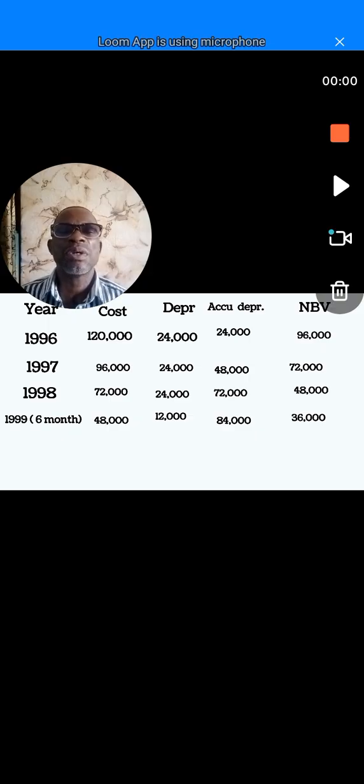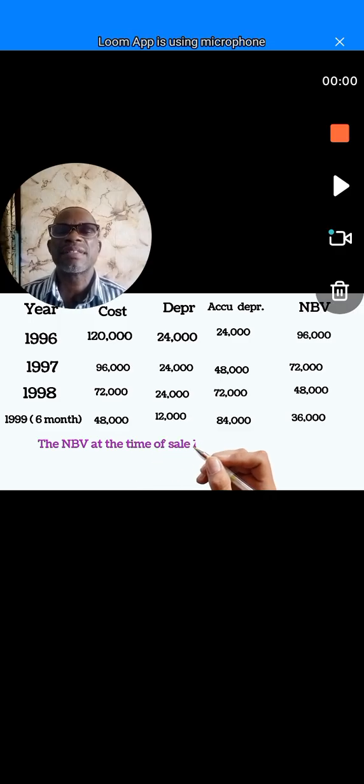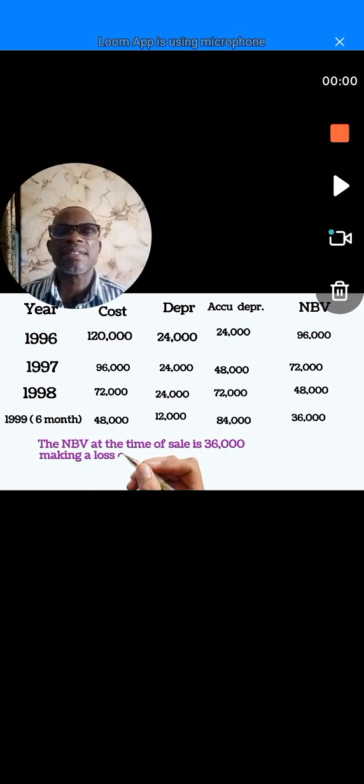But they sold it for less than its net book value, so there is a loss, and the loss is 36,000 minus 31,500, which becomes 4,500.